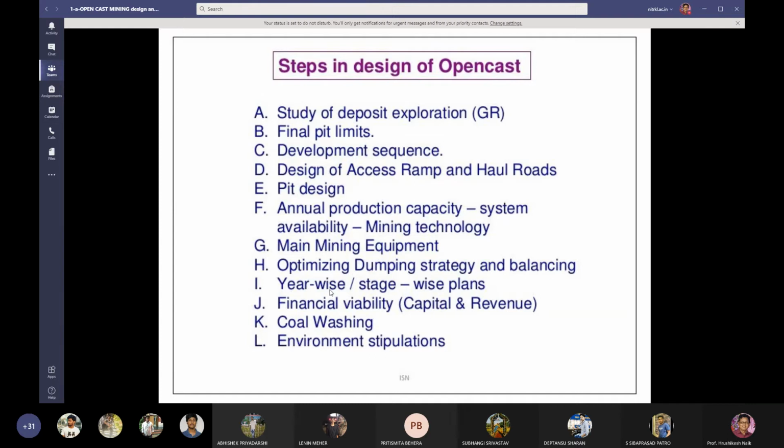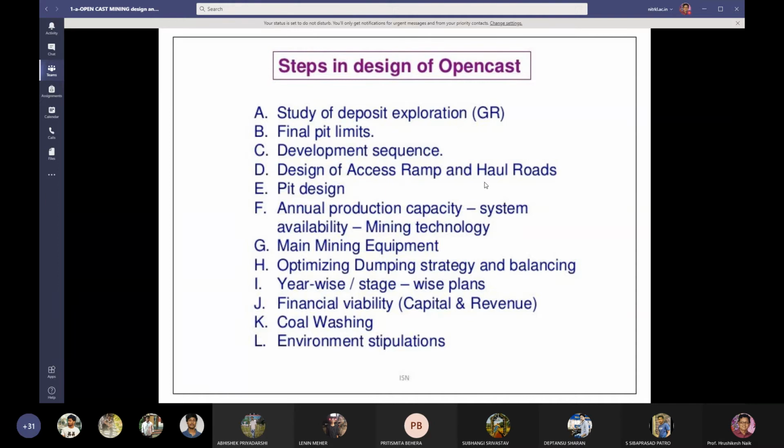Then you have to prepare year-wise and stage-wise plans. Then you will calculate the financial viability, capital and revenue generated from the mining. Whether coal washing is necessary or not is also to be seen. Then environmental stipulations are to be studied. So these are the steps needed in the design of open cast mines.